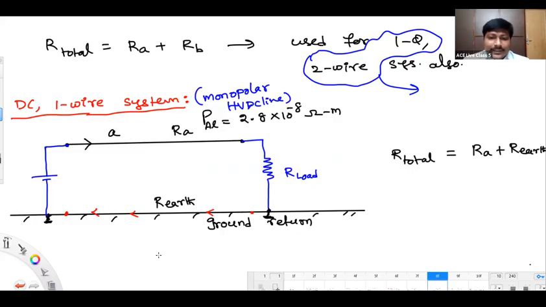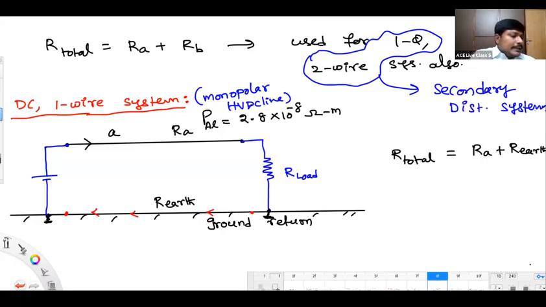We'll be using a single phase two wire system, one as a phase wire and the return path as a neutral wire. So it is practical in the secondary distribution system.